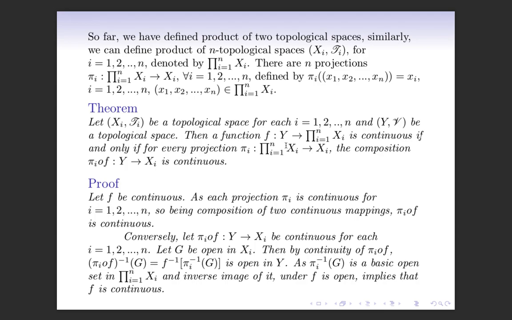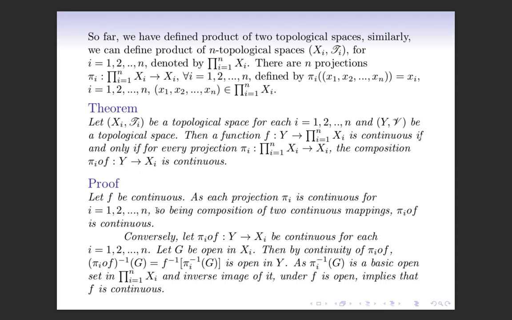Since f is a mapping from Y to the product space and pi I is from the product space to Xi, we can compose these two mappings and get a mapping pi I o f from Y to Xi. We have to show that f is continuous if and only if this composition mapping is continuous. Let us prove this theorem.